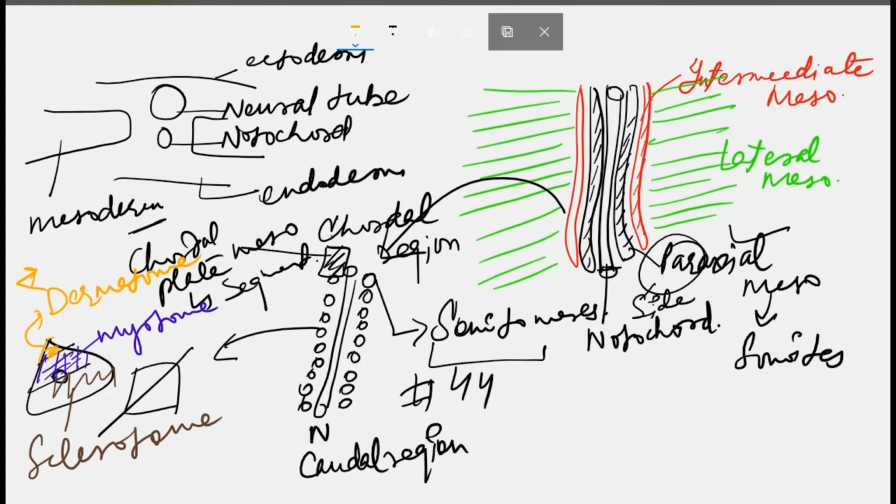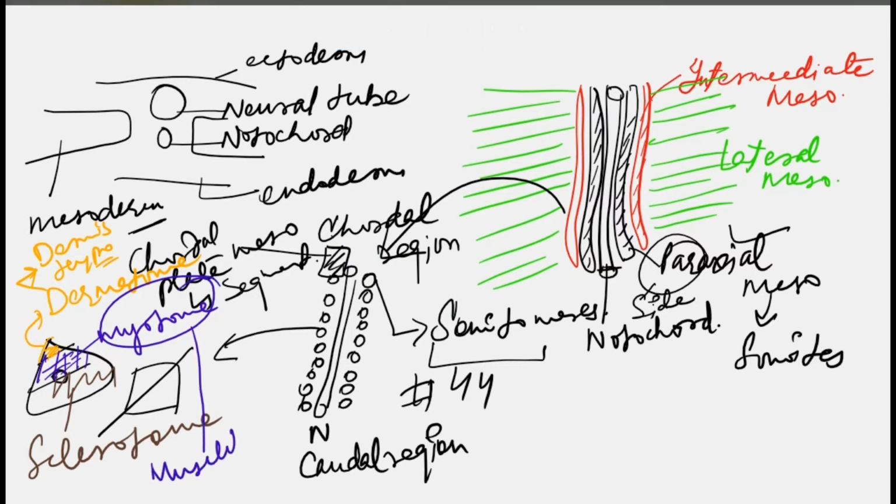This dermatome is going to make the dermis part of skin and also the hypodermis, which is your subcutaneous tissue. And the myotome part of the somite is going to make all the musculature of your skin, and the musculature like the tongue also.